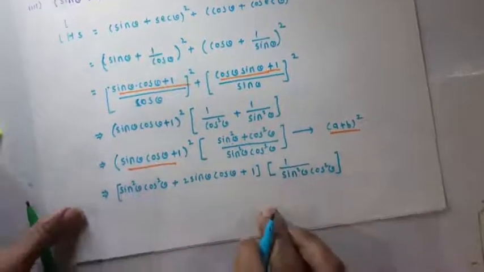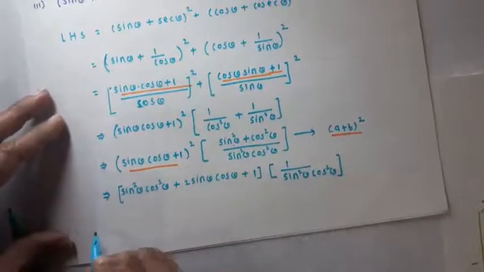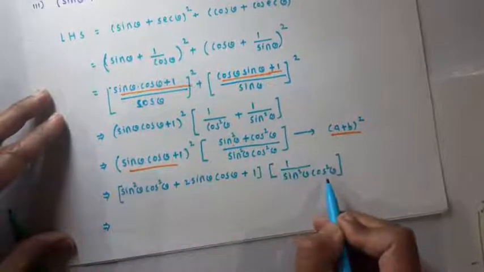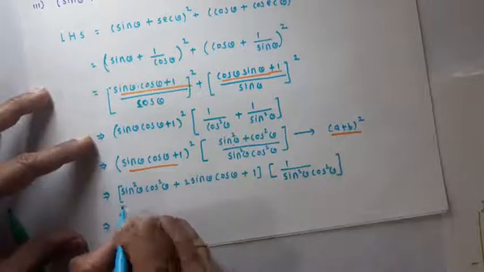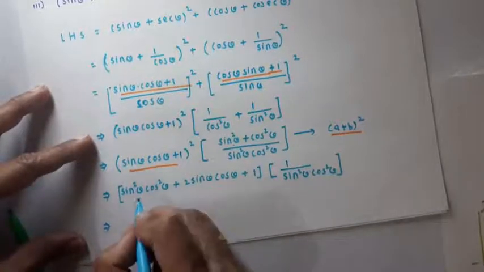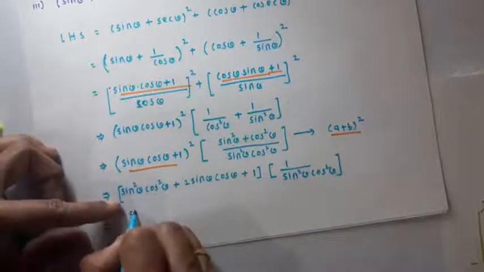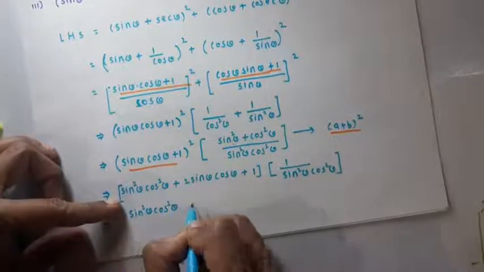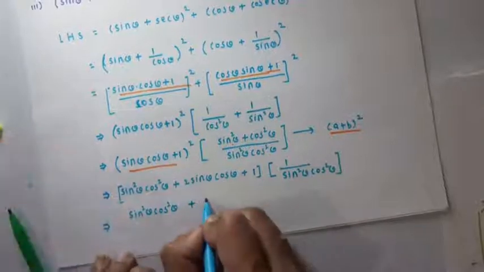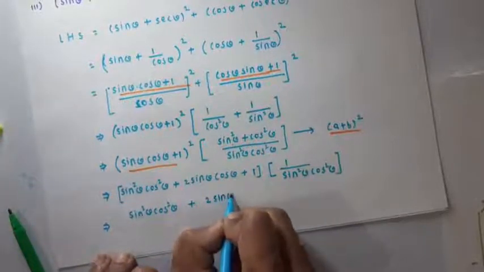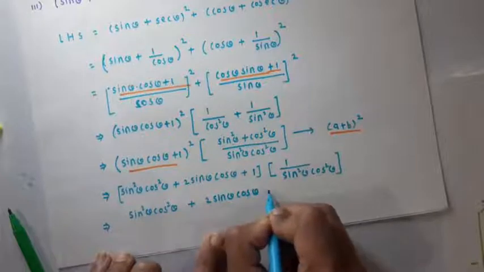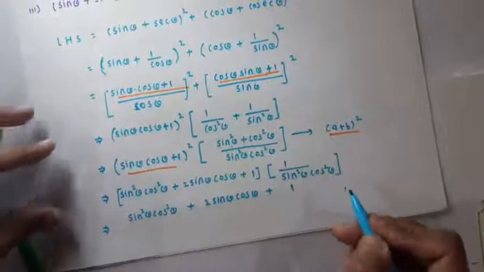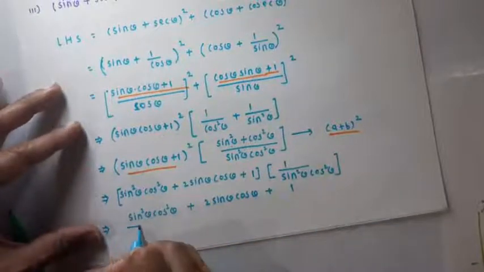Okay, and now let us solve. Let us separate the terms: sin square theta cos square theta plus 2 sin theta cos theta plus 1, every term divided by sin square theta cos square theta by separating the terms.